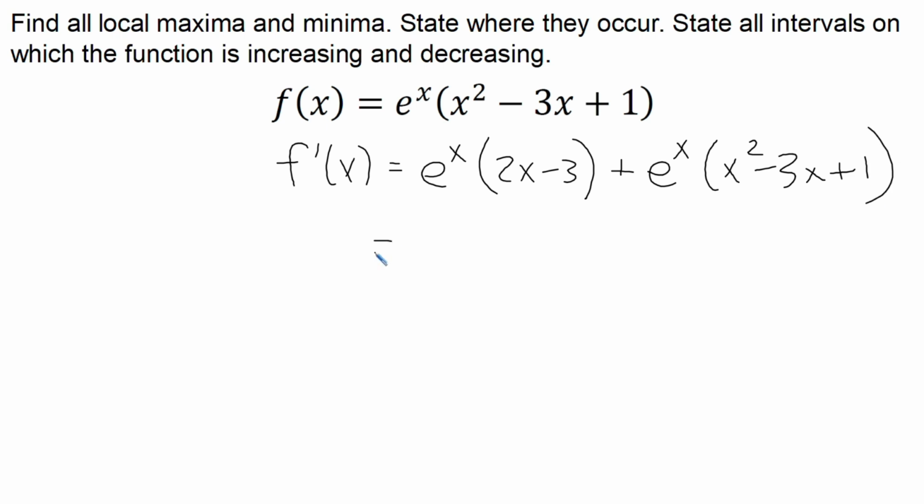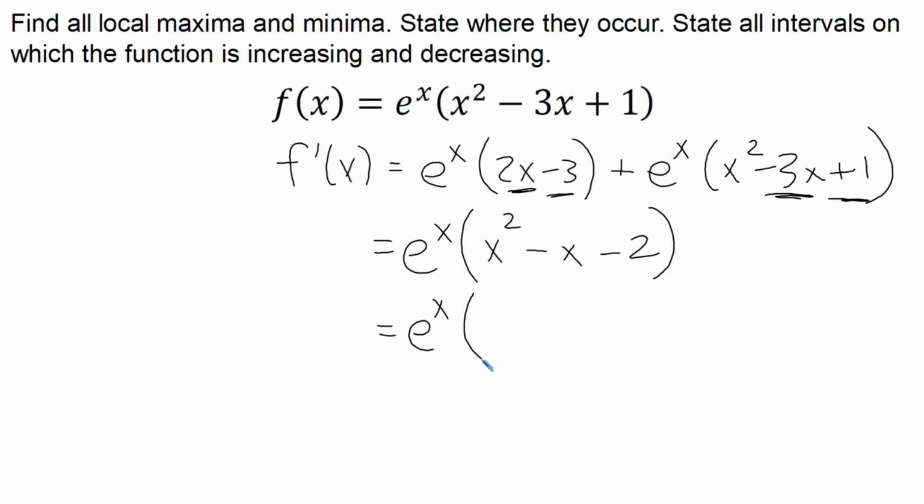I can factor an e to the x out of that, leaving me with x squared minus 3x plus 2x, which would be minus x, and then minus 3 plus 1, which would be minus 2, which gives me e to the x times x minus 2 times x plus 1. And from there, we should be able to easily see that this is never undefined.